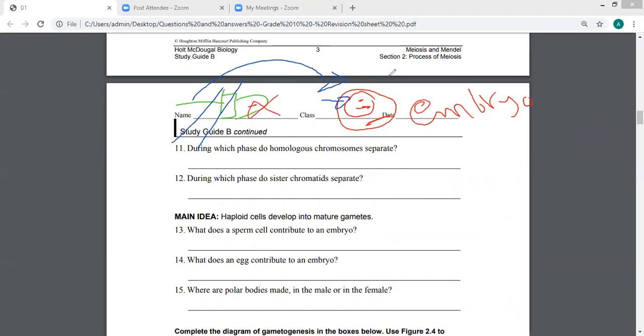Okay, so sperm contributes just DNA, while the egg contributes DNA and organelles and some molecular building blocks, amino acids, fatty acids, nucleotides to form the chemistry of life: protein, carbohydrates, lipids, nucleic acid, and so on.